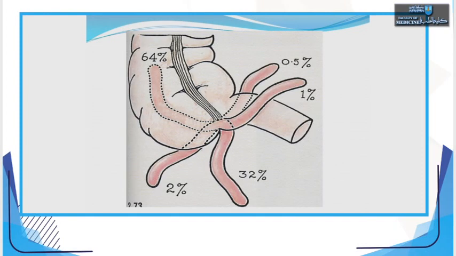This illustration shows that the retrocecal position and the pelvic position constitute most of the positions of the appendix in humans. So the presentation usually comes from these 2 common situations.